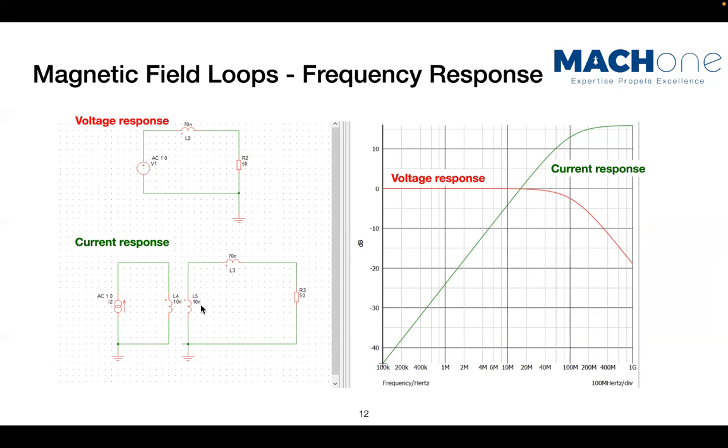And then if you plot the voltage response and current response curve, you will see that it has a very flat response up to about 100 megahertz, which means for most of the signals we're dealing with daily, we can really measure the signals, and we know that the result of the signal is a di over dt, right? It's di over dt. So having that in your mind, you know that when we are using a magnetic field loop, we're measuring di over dt.